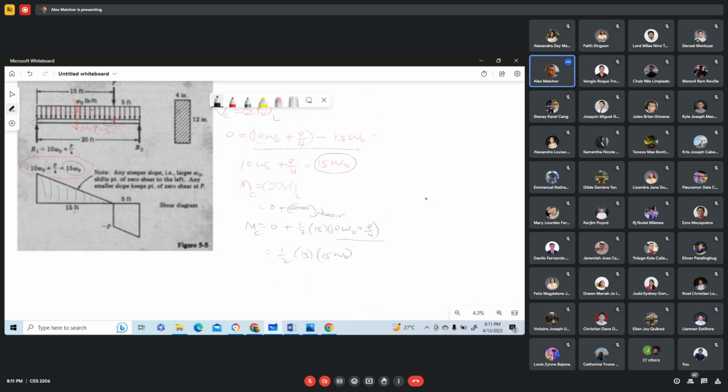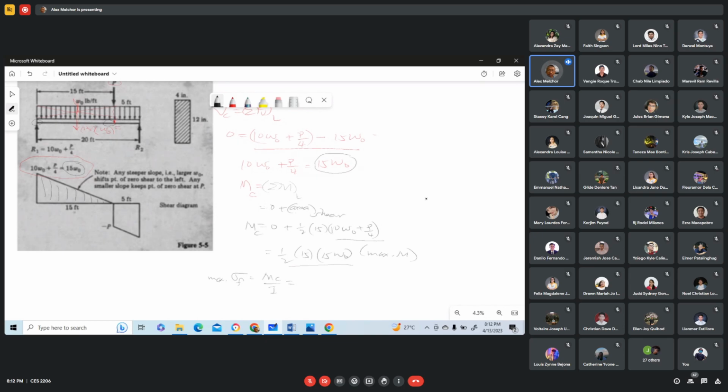Okay. So from the flexural stress formula, the maximum flexural stress is equal to MC over I. So this is now equal to this, since this is the maximum moment.